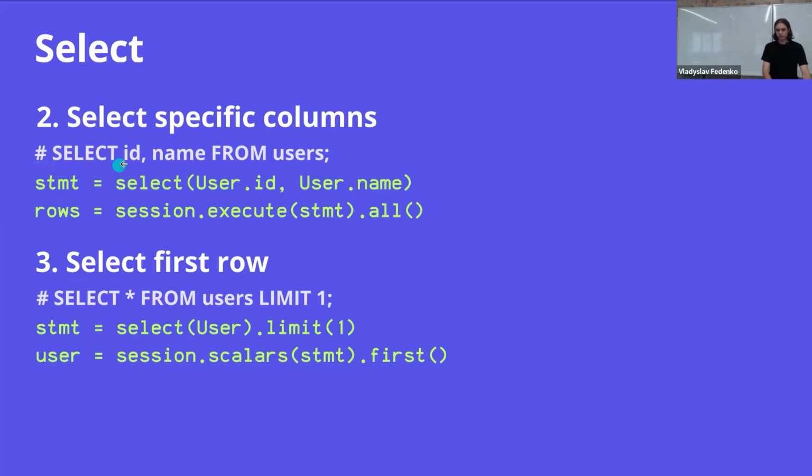If you have specific columns, you specify you want an ID and name from users. Inside your select, you say that you want those columns, and then you execute this. If you want only the first row, like a limit 1, you use a method like first.